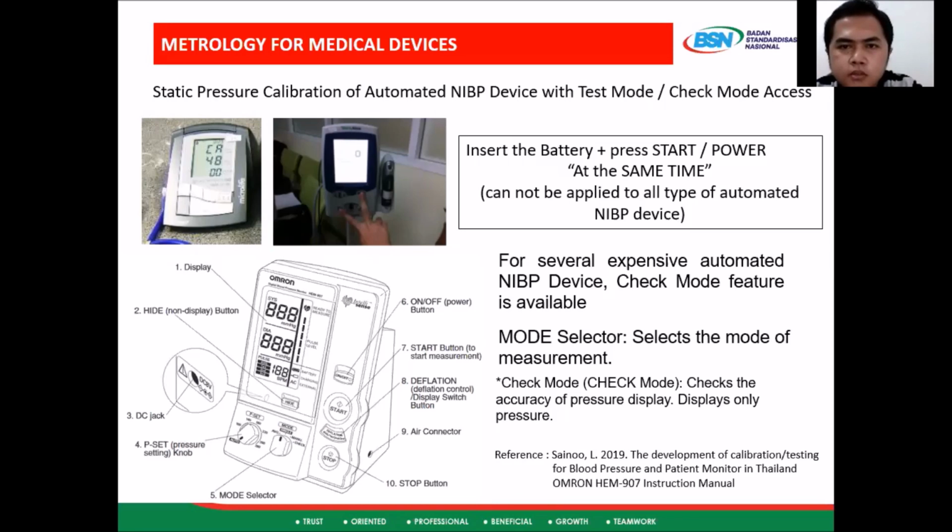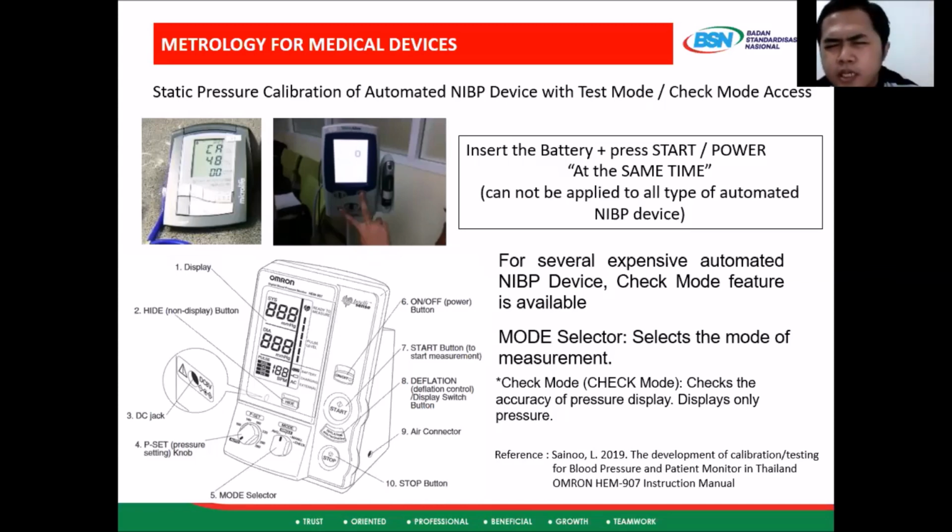The method to access the test mode is to insert the battery and press start or power at the same time. However, this method cannot be applied to all types of automated NIBP device.